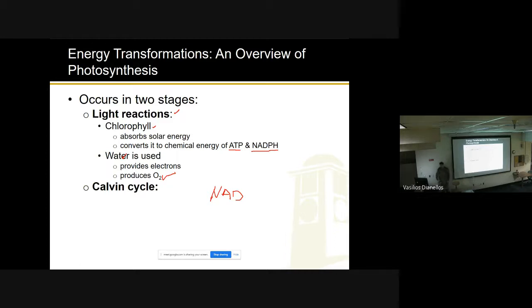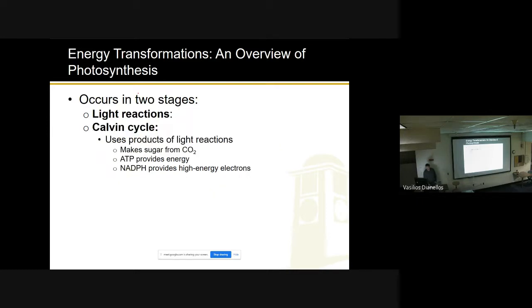All right. So let's talk about the next one, the Calvin cycle. The Calvin cycle basically uses the products of light reactions. And in a sense, the Calvin cycle is the meat and potatoes, if you will, because the purpose of photosynthesis is to make glucose.